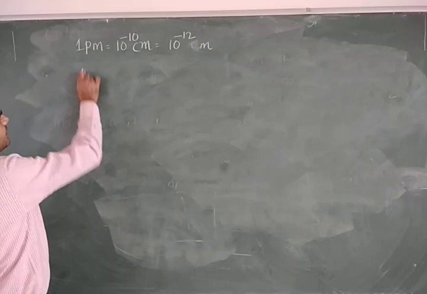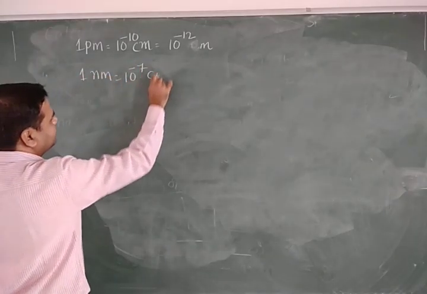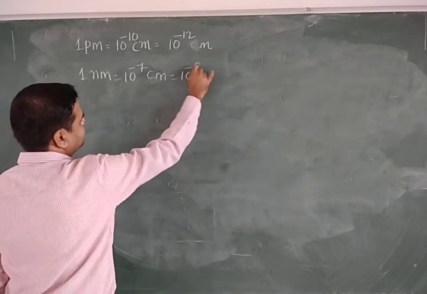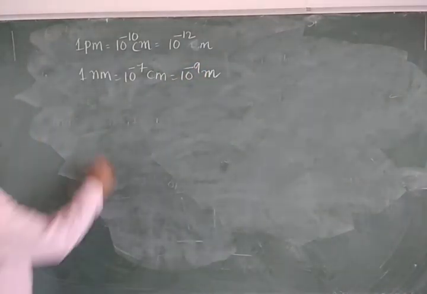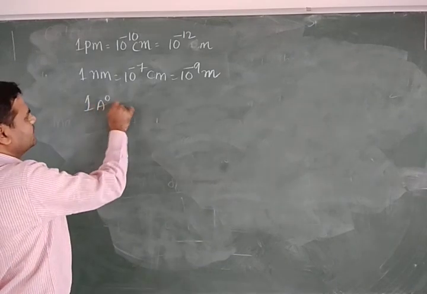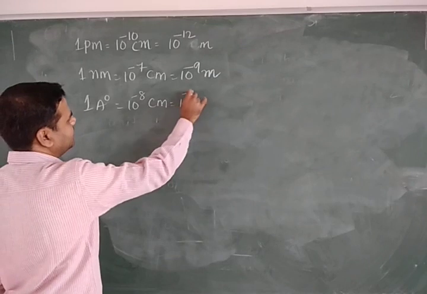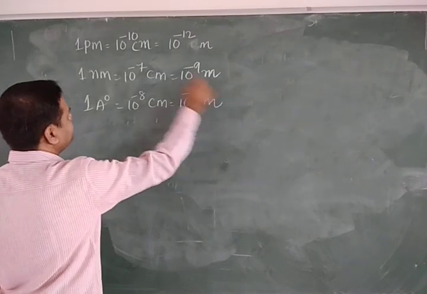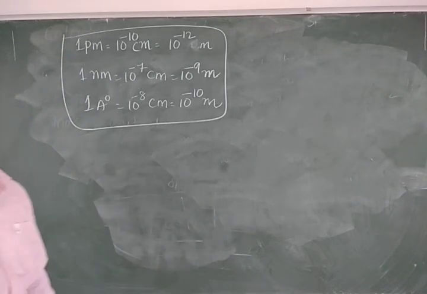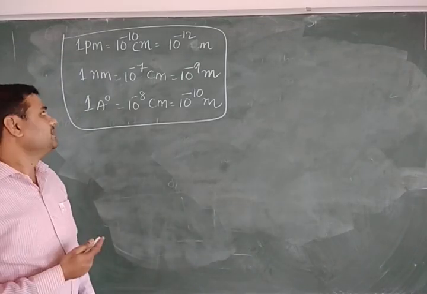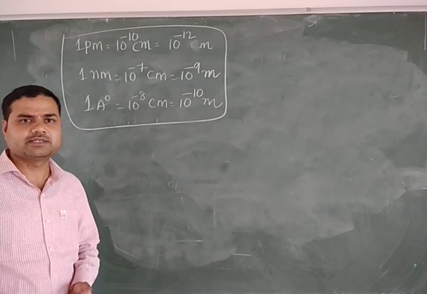Okay, and 1 nanometer is equal to 10 to the power minus 7 centimeter, 10 to the power minus 9 meter. Similarly, 1 angstrom is equal to 10 to the power minus 8 centimeter, 10 to the power minus 10 meters. So these are very important values, because in the numericals they will give only angstroms, picometers, nanometers. We have to convert the values into centimeters, meters, right?